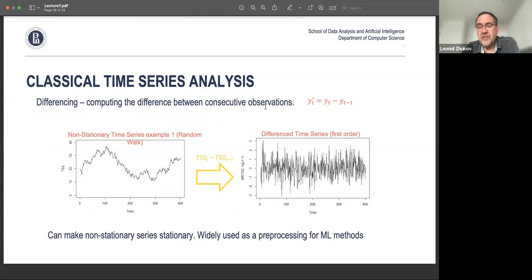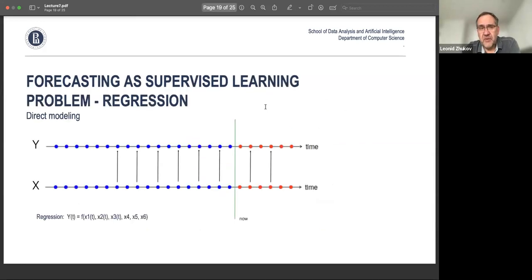After you model the difference, you can reconstruct the original signal by starting with the original signal at some moment of time and adding delta, which creates your signal at the next moment of time. That's probably the most widely used method of dealing with non-stationary time series, using differencing before you run machine learning algorithms on it.